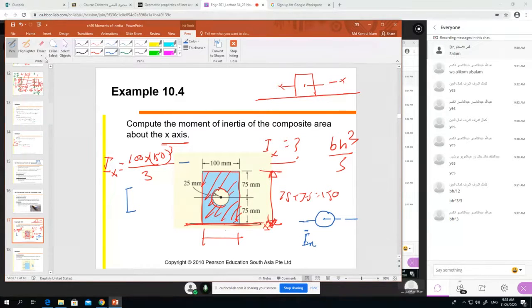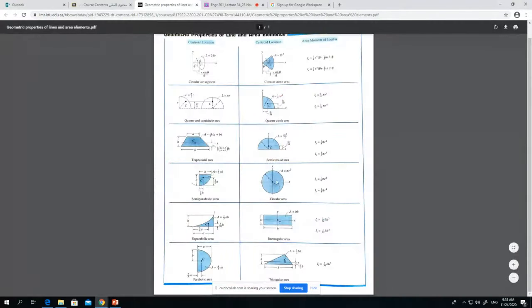Again, don't be confused. What is written there with respect to the center? Can you see this one?